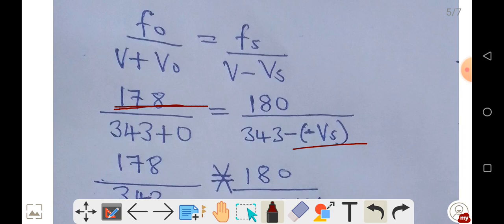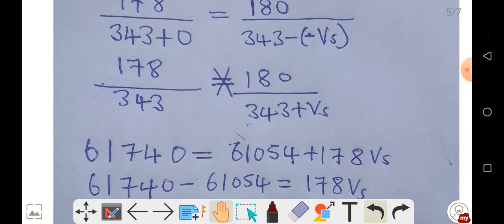When the source of sound is moving away from the observer, the velocity of the source becomes negative. So this is the negative we have written here. Mathematically, when you multiply a negative and a negative, you get a positive. So we can continue. This is what we have gotten here.